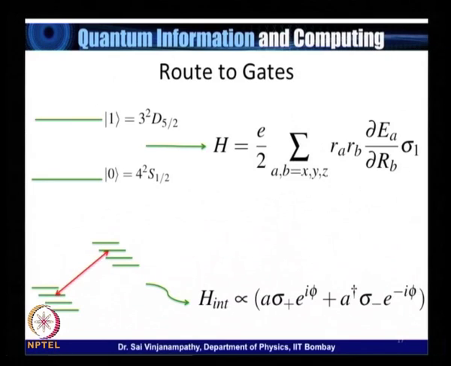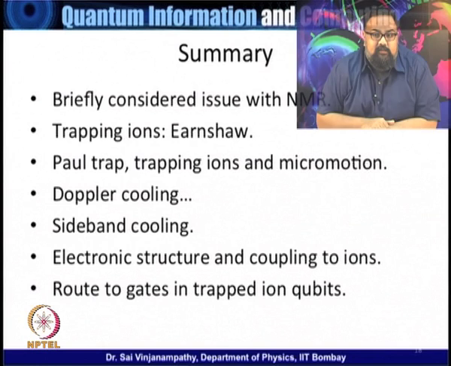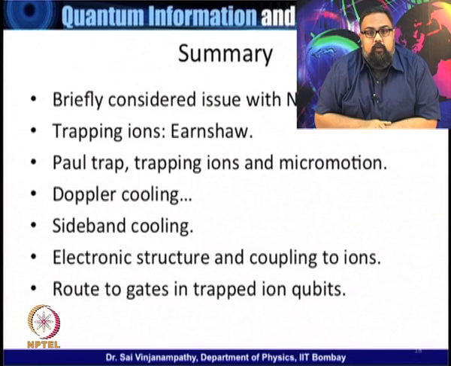Let me summarize briefly. In this lecture, we saw that nuclear magnetic resonance qubits are not good qubits. We considered an alternative, which was trapped ions. We considered the issue of trapping ions, and we saw that Earnshaw's theorem implies that electrostatic potentials cannot trap ions. We then considered this spinning saddle example and motivated the Paul trap.